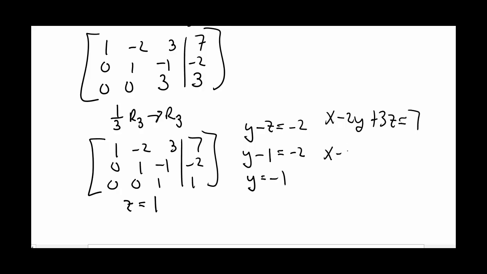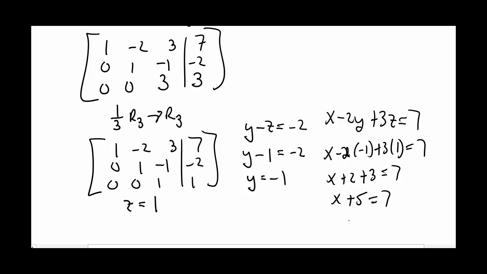So that would be x minus 2 times negative 1 plus 3 times 1. All right, so what is that? That would be x plus 2 plus 3, getting ahead of myself here. So x plus 5 equals 7, so then x has to be 2. So my ordered triple would be 2, negative 1, and 1.